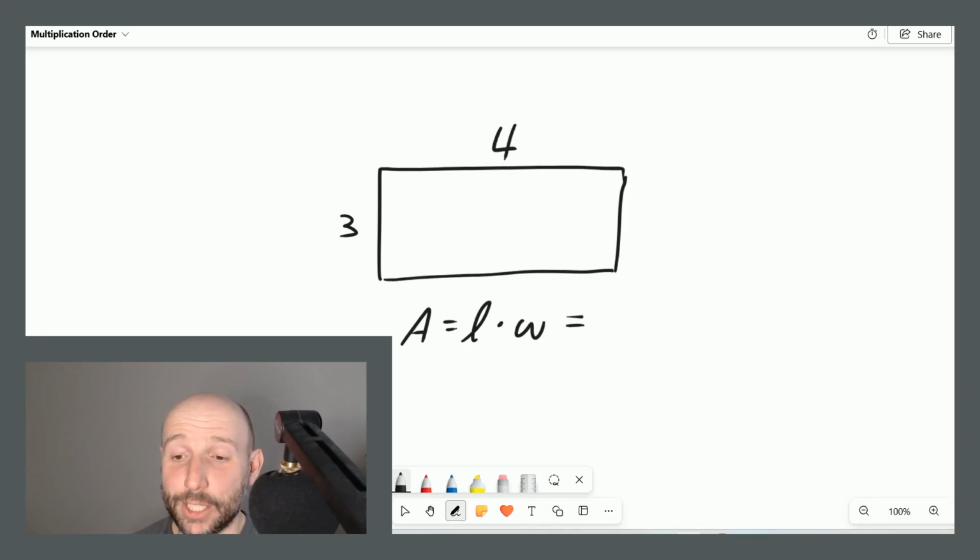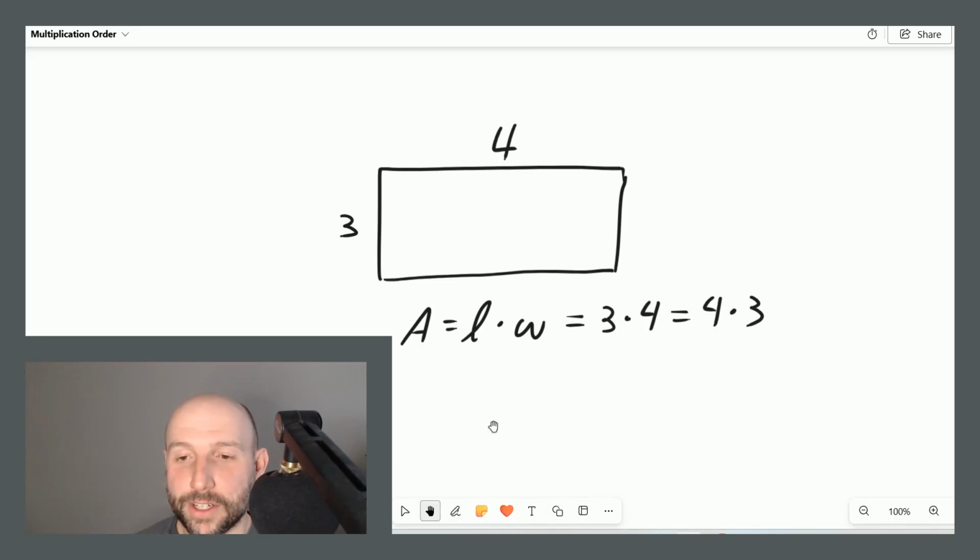Well, you could do 3 times 4, or you could rotate your face 90 degrees and do 4 times 3. It's the same rectangle. You're just looking at it a different way. Multiplication is just another form of writing addition, a specific kind of addition where the same number is added many times. It's a short form of writing addition.